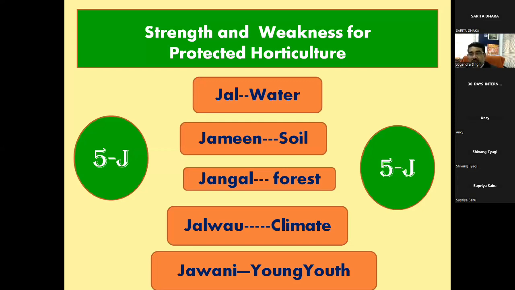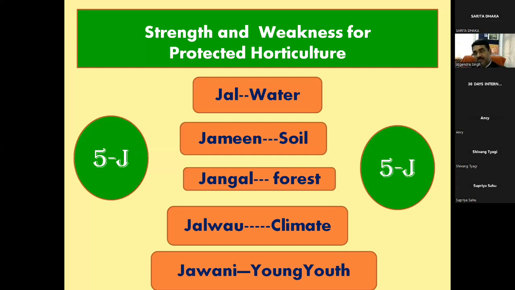First is water, quality and available water. The second is soil, quality soil, sandy soil, and also EC and pH should be good as per scientific recommendation. Forest means agroforestry, har med pe ped. This is a concept by the Ministry of Agriculture, with agroforestry plants around the boundary.